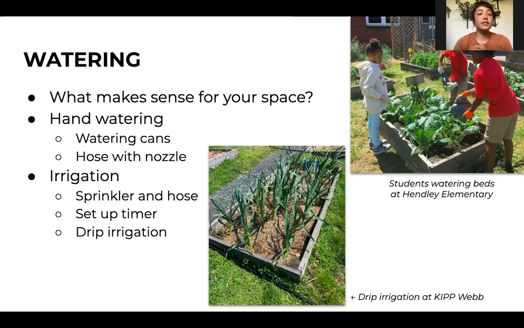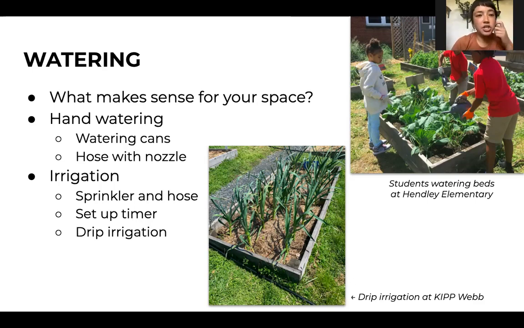And also an even more complex situation, you could have a drip irrigation system where you just have your water lines go and the drip irrigation goes to each separate bed, and the timer kicks on and it waters it for you.